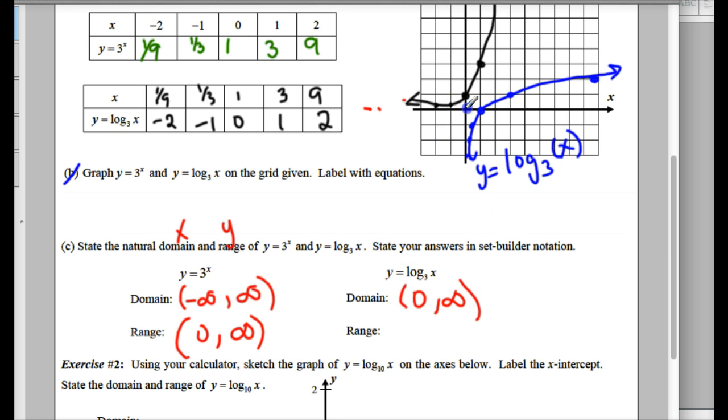This is my 0 on the x. It'll always get close to this line but never touch it, and this will keep going forever. Now what about the range? The range is the same thing, x and y. The arrow is always going down, and it will always be increasing. So that will be negative infinity to positive infinity. Notice they are kind of opposite of each other, which is what should happen.